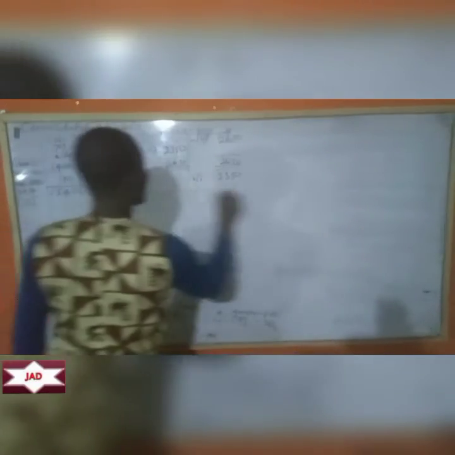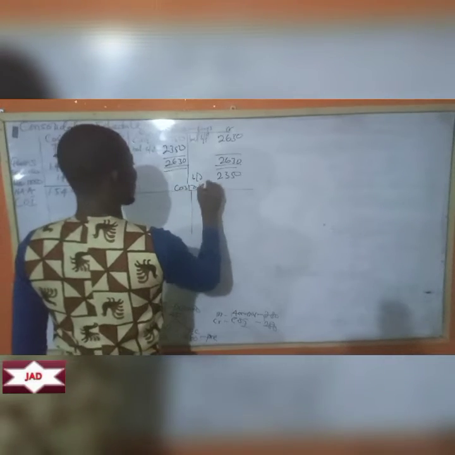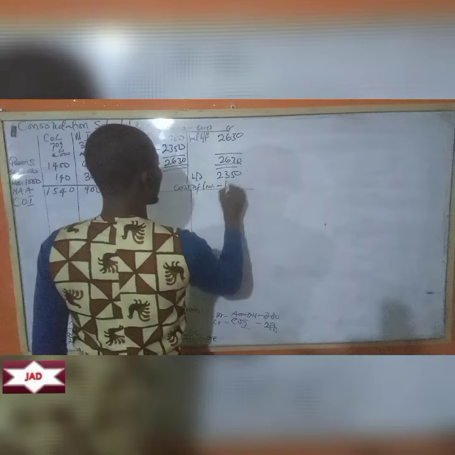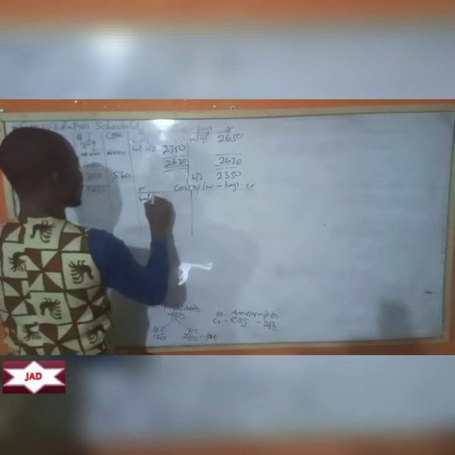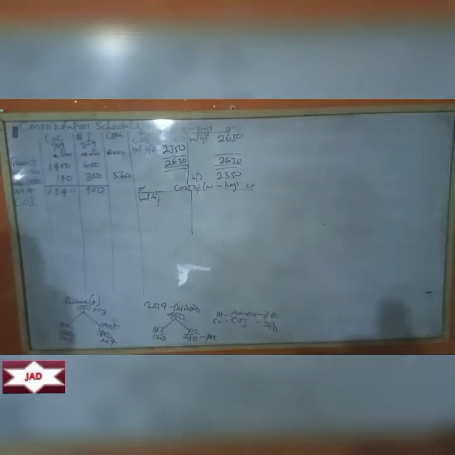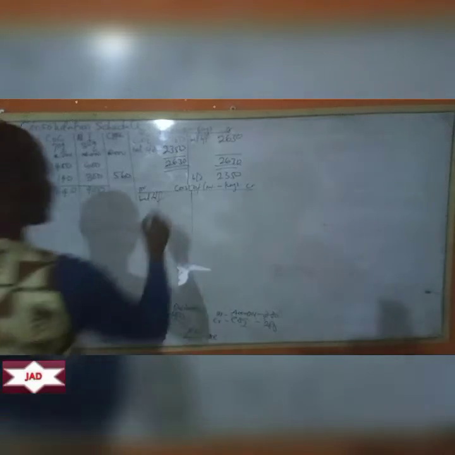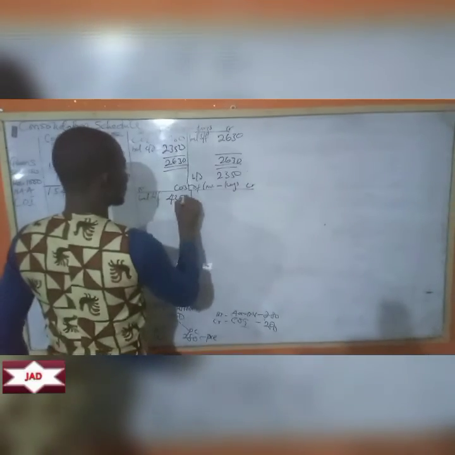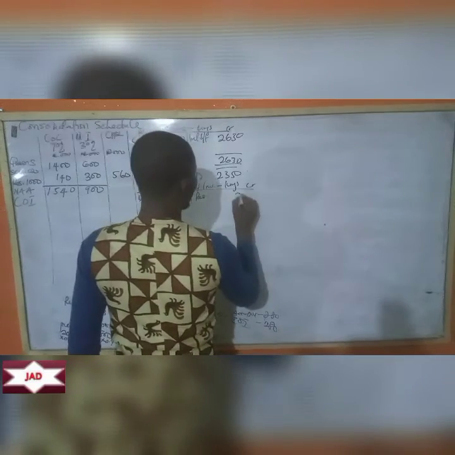So the next one here, cost of investment. Of course, that's Kings, right? So we have balance brought forward. What's balance brought forward? 4,300. So we have reserve, okay? That's 280.